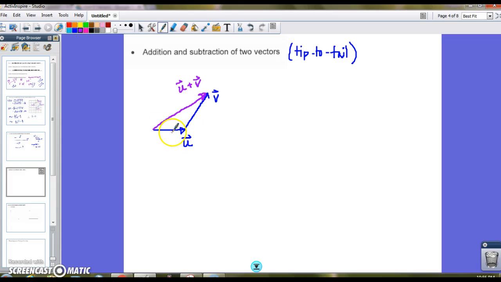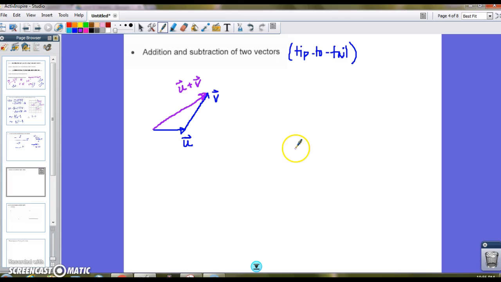You have one vector, and from the terminal point, the tip of that vector, you start the tail of the next vector. Wherever you end up, you go from the initial point of the first vector to the end point of the second vector, and that gives you your result.